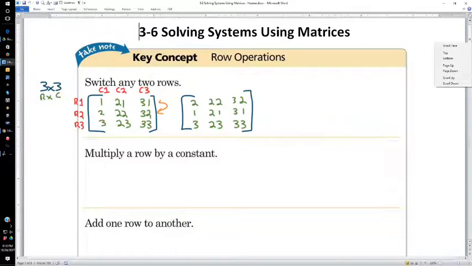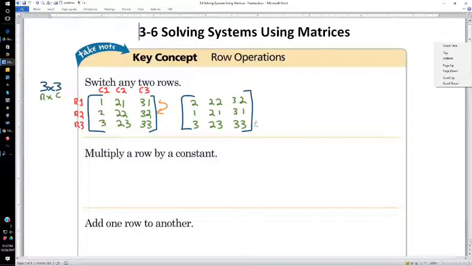Now we have switched 2 of the rows, but these represent the same formulas. They represent the same set of data, just in a different order. Now, I can't just mix anything anywhere. I can switch any rows that I want, but I have to switch the entire row.